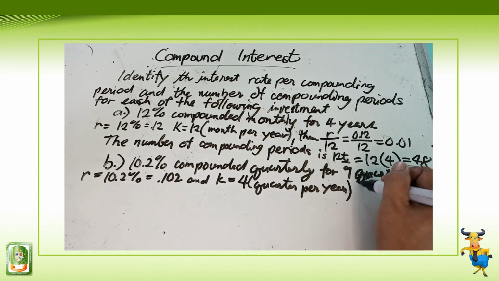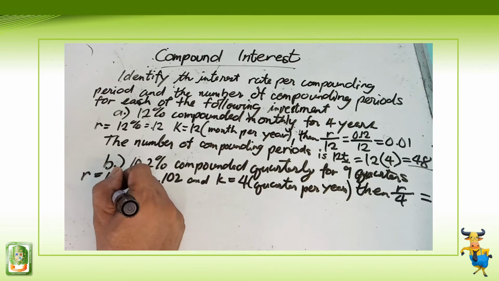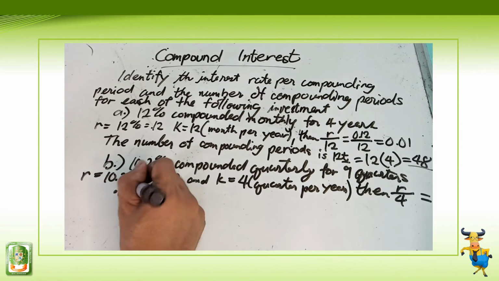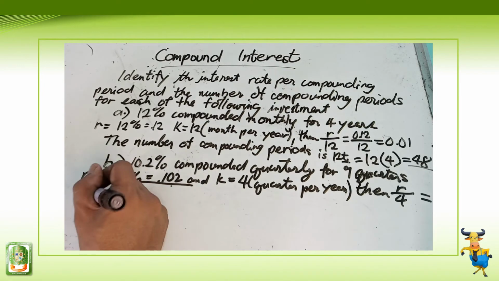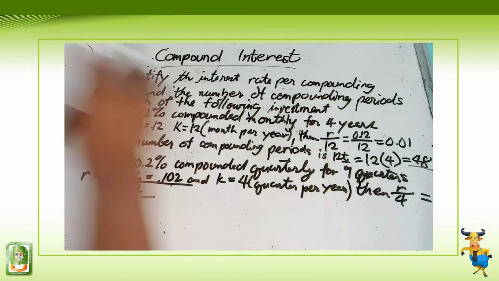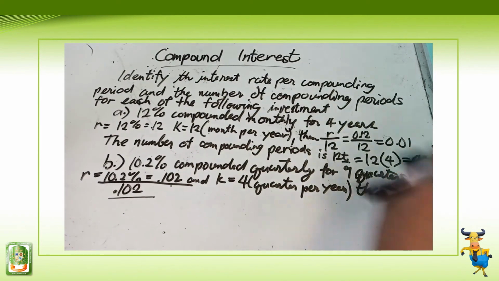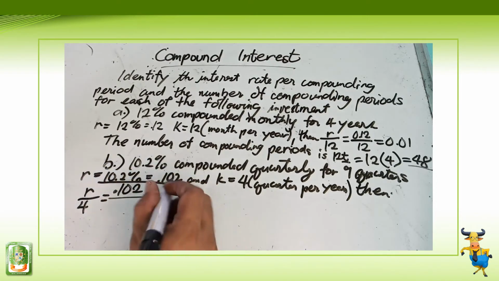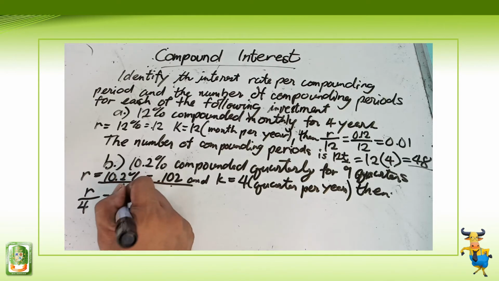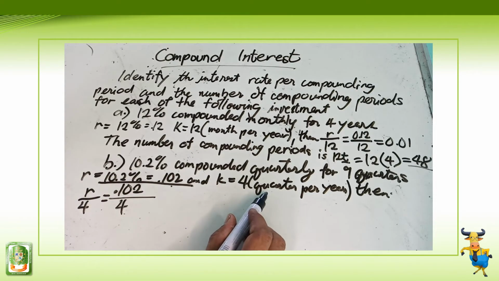And then, ilang rate natin? Rate over the number of 4 is equal to 0.102 divided by 4, sa 4 na quarter.